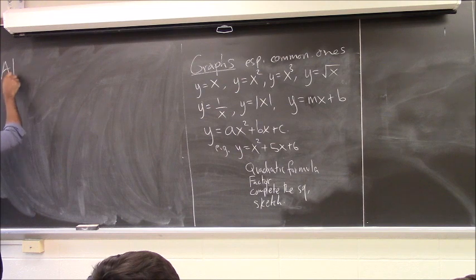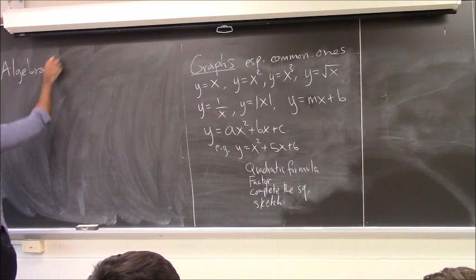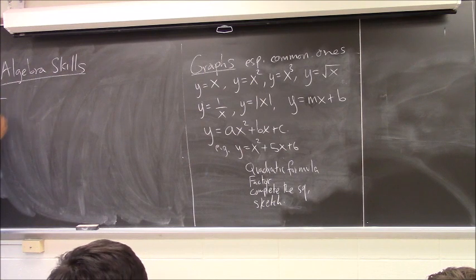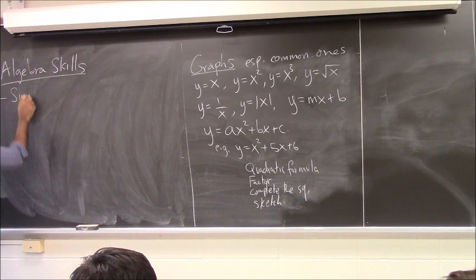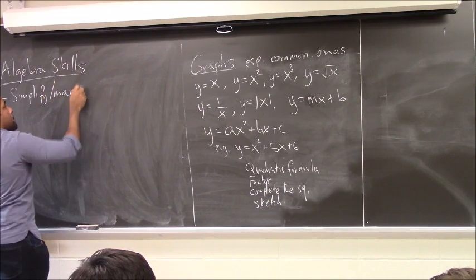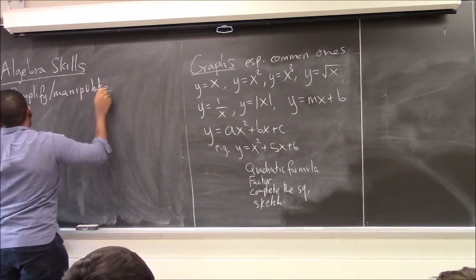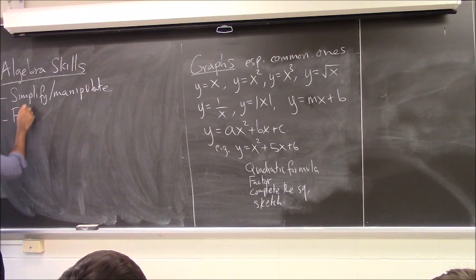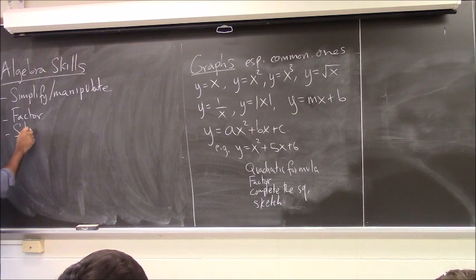Next big thing, of course, algebra steps. So I expect you to know how to simplify and manipulate things. You should know how to factor things in general. You should know how to solve equations.